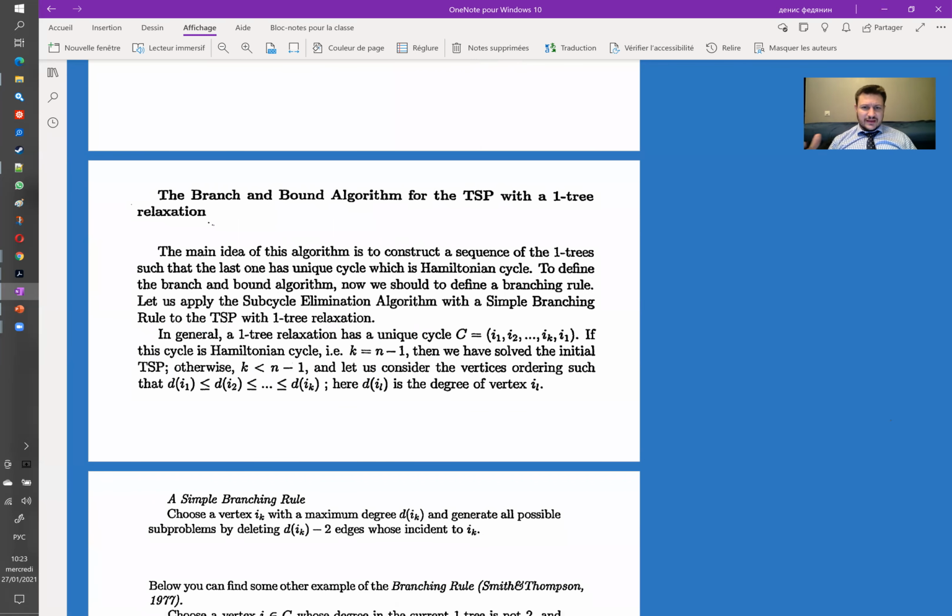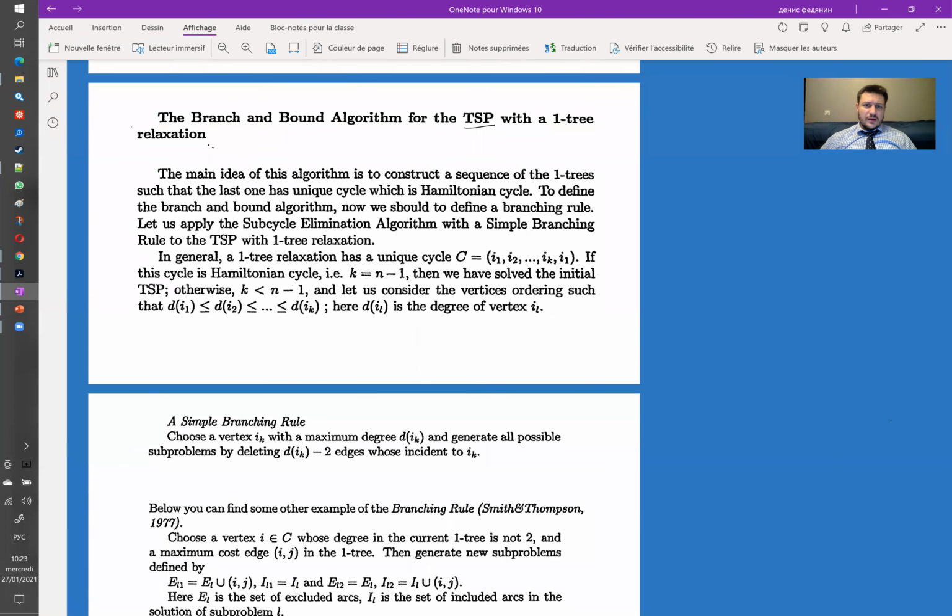How can we get it for the traveling salesman problem here? Okay, we need a unique cycle, which is a Hamiltonian cycle. Hamiltonian means that we have a cycle, and every node is in this cycle.